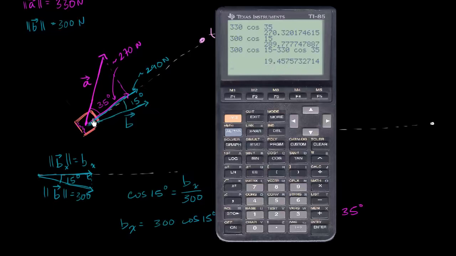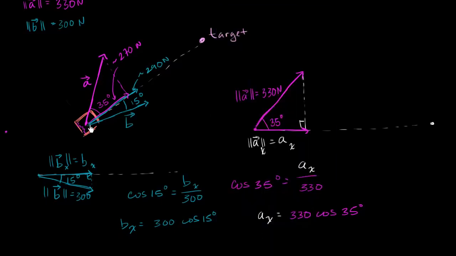But if we wanted to talk about what is the total force going in that direction, then we would take the sum of these two things. So the total force in that direction is going to be 560 newtons if we round to the nearest newton. So if you add this blue component to this magenta component, you get this one right over here, which is 560 newtons.